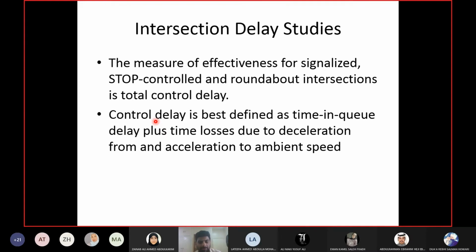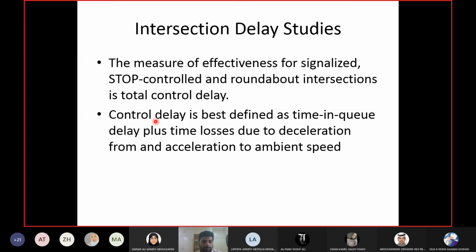When you leave the queue, meaning crossing the stop line, you move forward. When you start to move, your speed is 0 because you were stopped, or your speed is very low, even if you didn't have to stop completely.